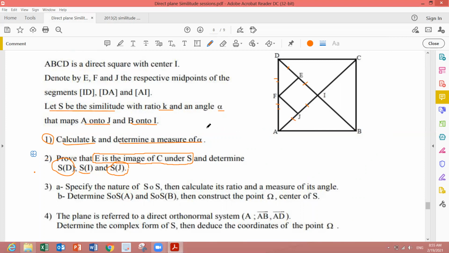S of A is J, and S of I is I prime. So S of J is the midpoint of JI prime.